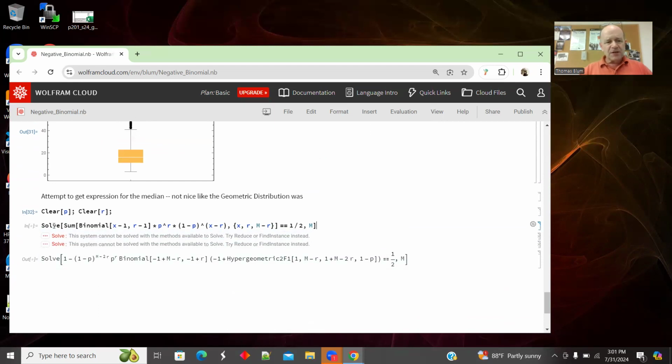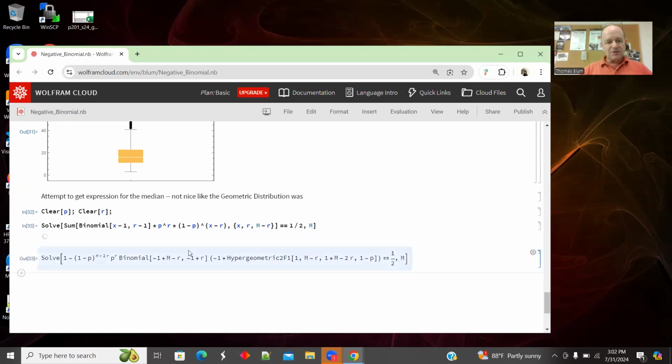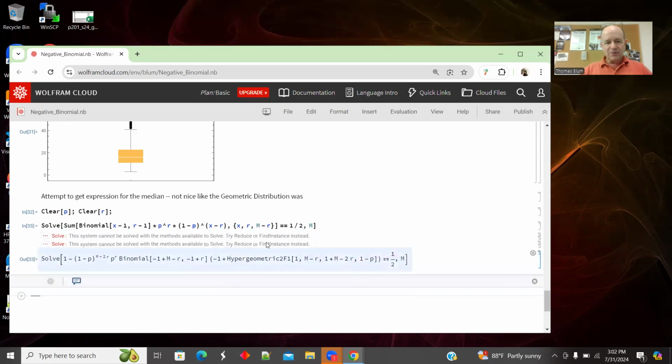But I thought, let's see if Mathematica is smart enough to figure something out. So I summed my probability up to some number of steps or tries and set it equal to 1/2 to see how many tries, in terms of R and P, to get up to M. And it was just saying, I can't do that.